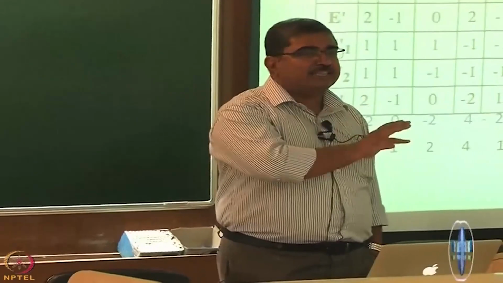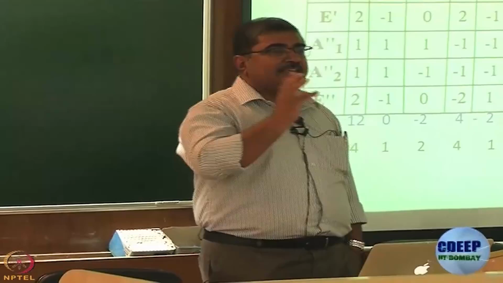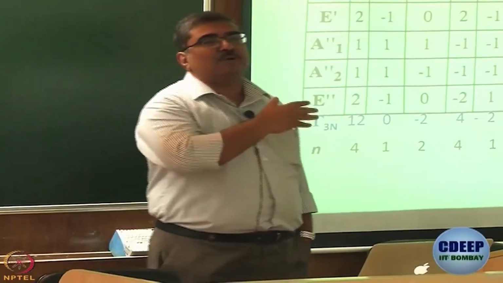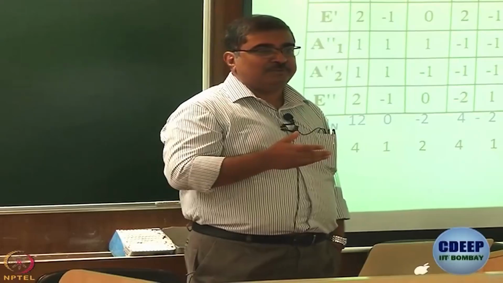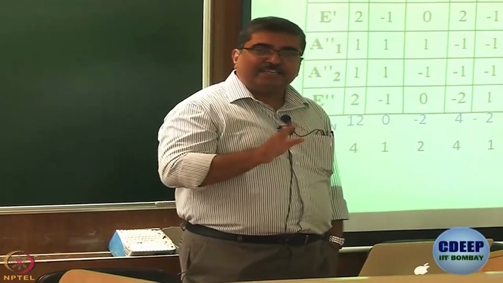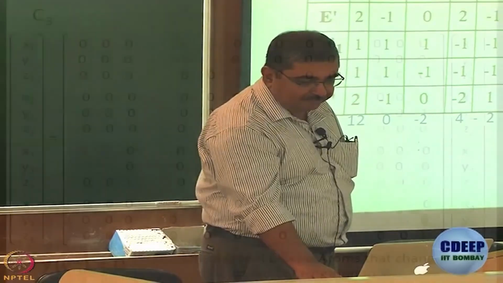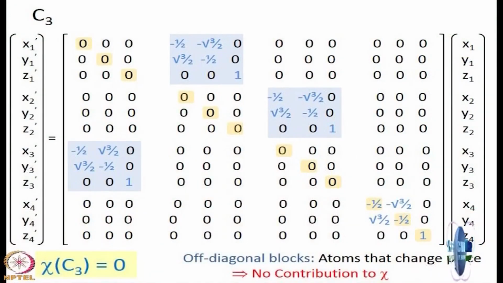The blocks are all the same. It is just that for the atoms that move from their positions, the non-zero blocks go off diagonal. That is why they do not contribute. Do we agree that blocks were all the same? Remember C3? Aren't the blocks all the same? Right? Minus half, root 3 by 2, root 3 by 2, minus half, 1. Everything else is 0.